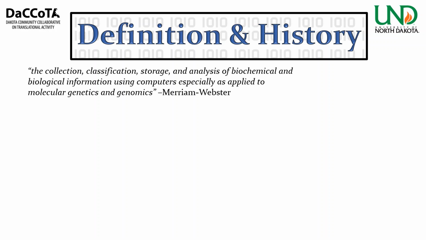So this is the study and use and modification, handling, whatever you want to say, of biological information. So it's mainly through the use of sequencing data, so DNA, RNA, proteins, and the downstream applications therein.